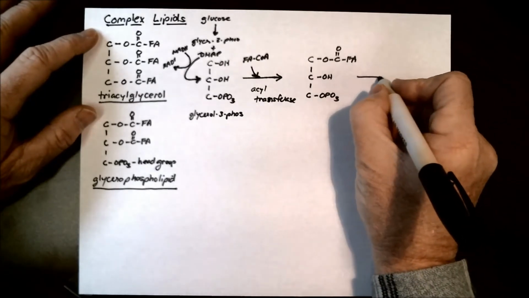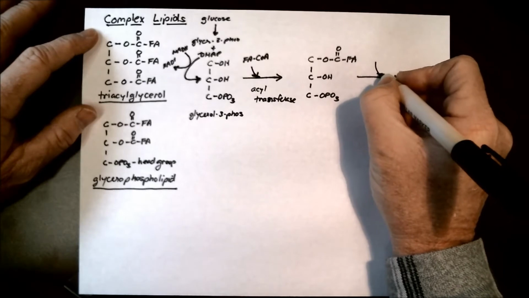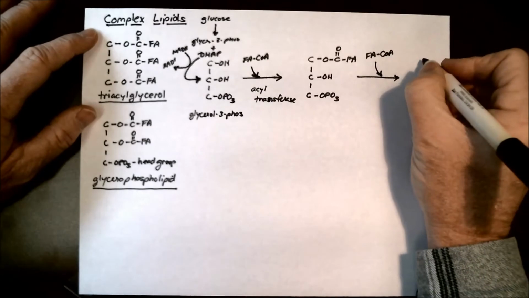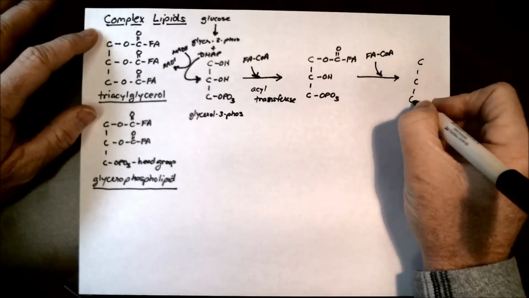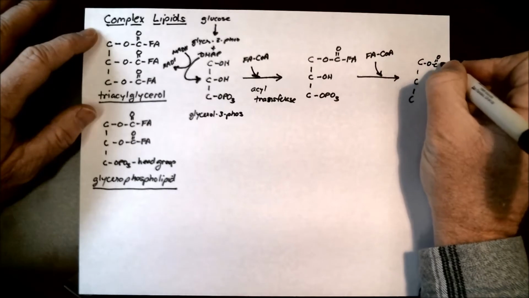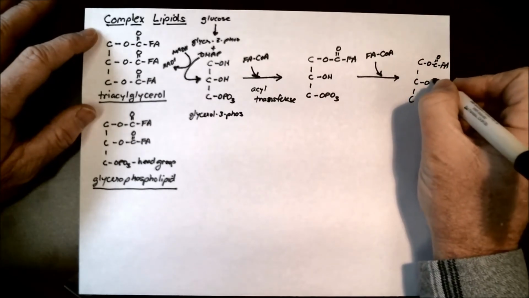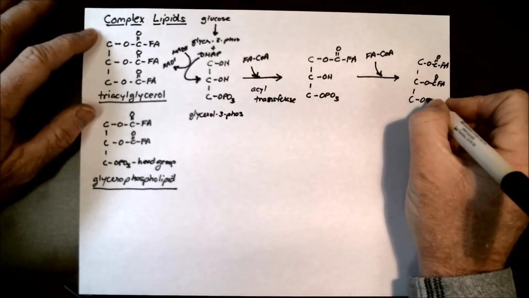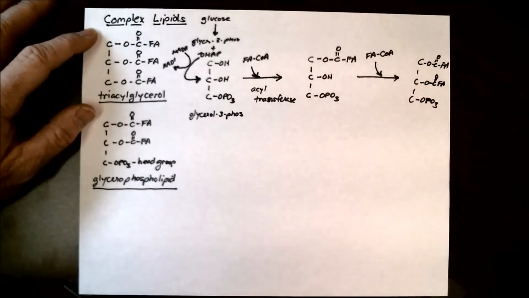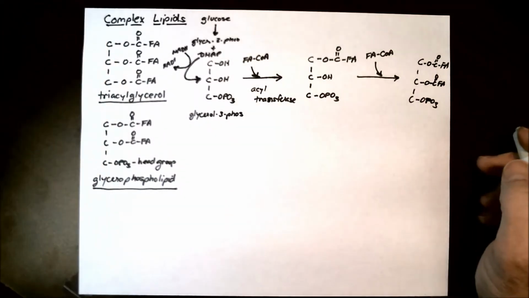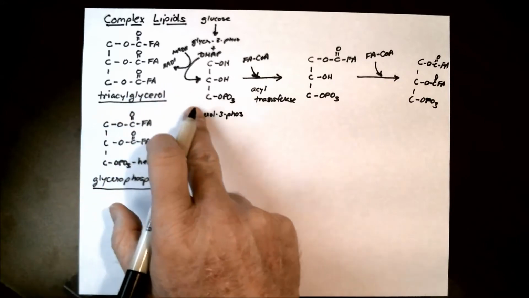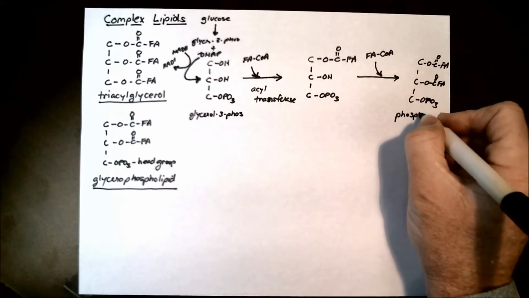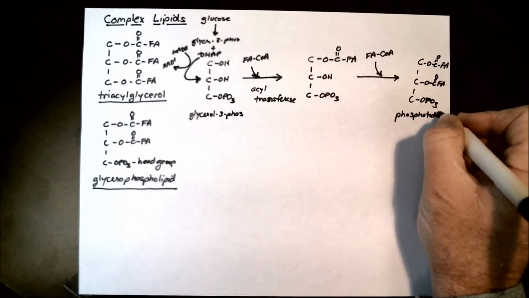The next step of the reaction is going to be the same reaction with another fatty acyl-CoA group, and then we are going to add our fatty acid onto the next carbon. And what we generate here is the common denominator between triacylglycerol and glycerophospholipid synthesis. And this is called phosphatidic acid.